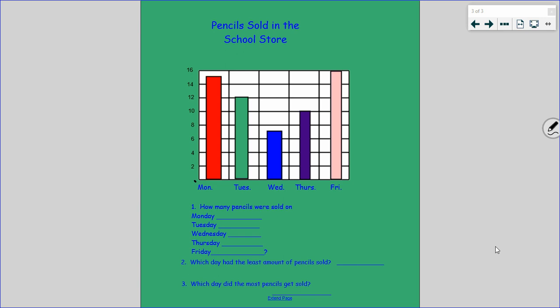Here are our questions. How many pencils were sold on Monday? We said 15, because our bar falls between 14 and 16. On Tuesday, there were 12. Wednesday fell between 6 and 8, so that is 7. Thursday, 10.